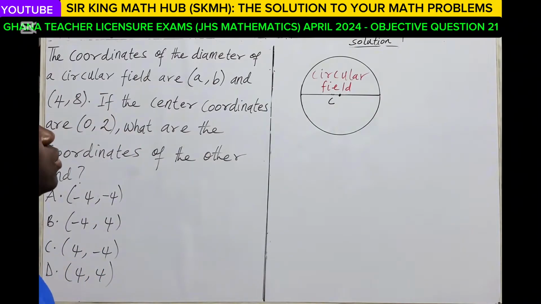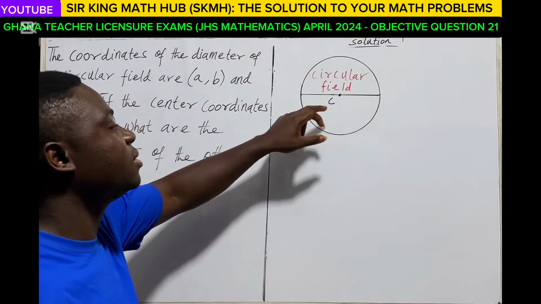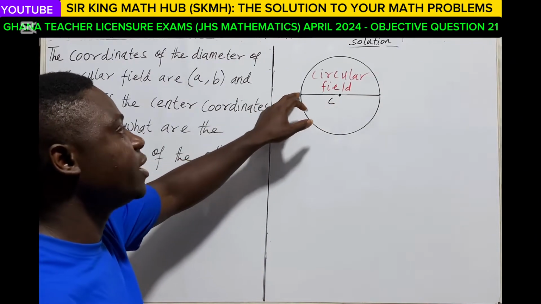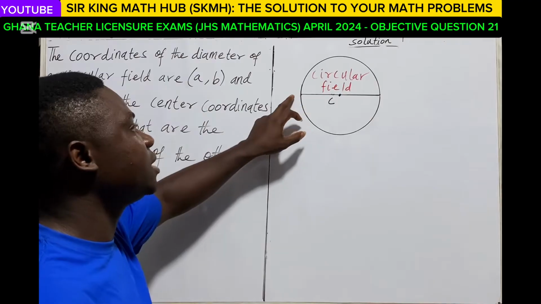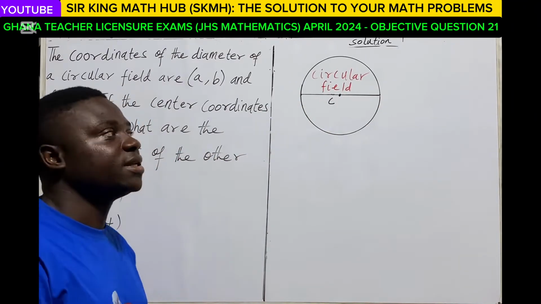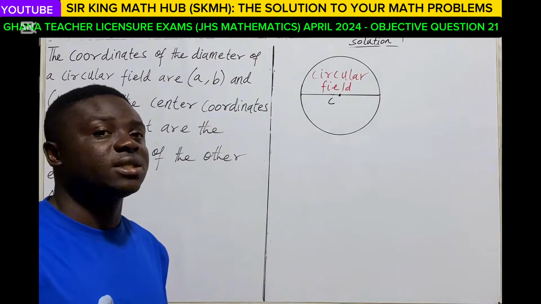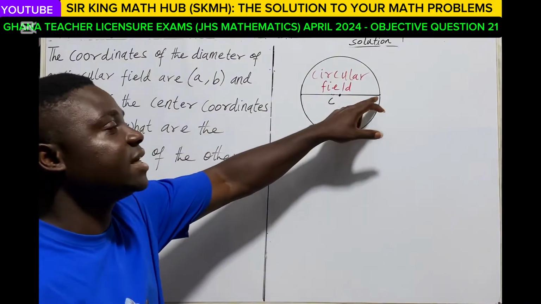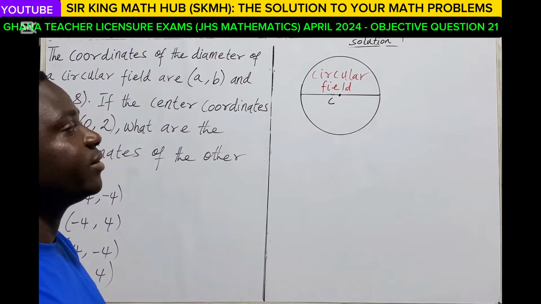Now we could also see that we have a straight line that passes through the center and connects 2 points on the circumference. Because the straight line passes through the center and connects 2 points on the circumference, this straight line here is the diameter of the circular field.